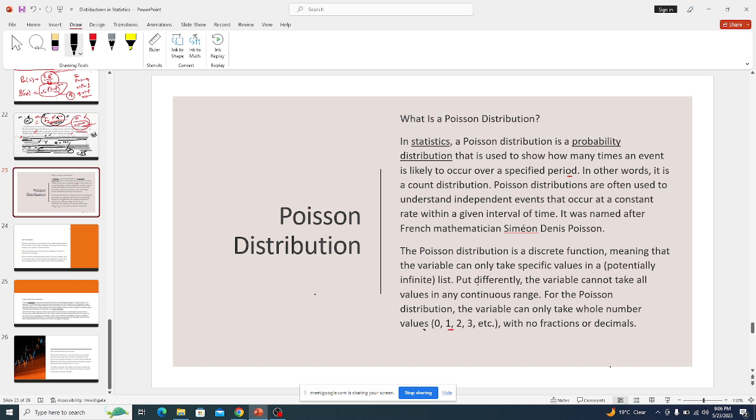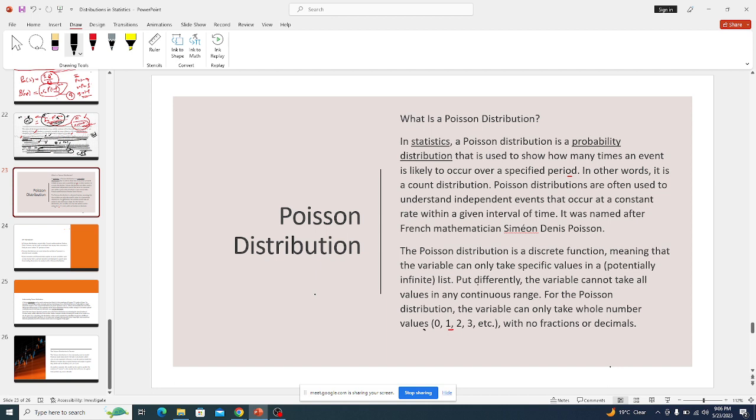And Poisson distribution is also known as a count distribution.